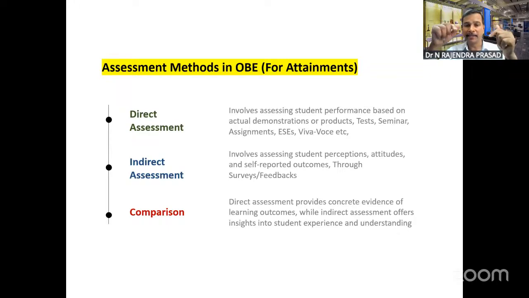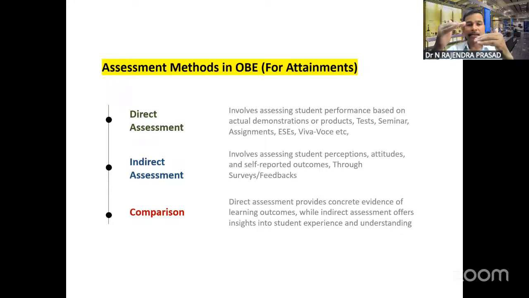That is the indirect assessment. Whether the employer of your graduate, means your graduate is working in an organization, is he satisfied? Once the employer is satisfied, definitely that means to say that the attitudes or the attributes or the competency acquired by the graduate is satisfactory. That is the indirect assessment.